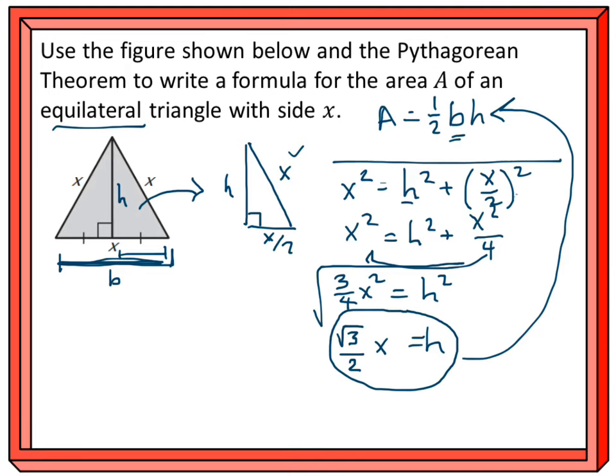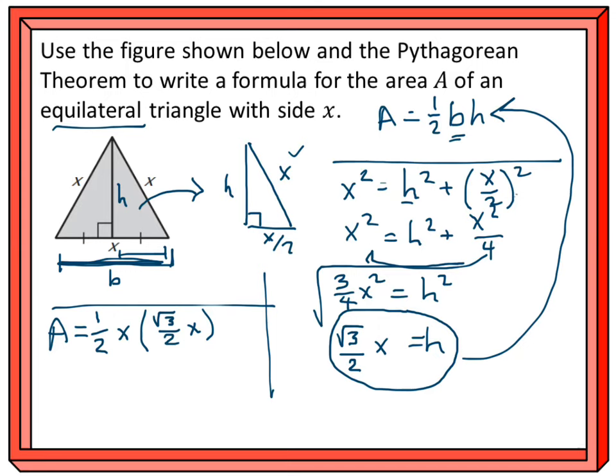So let me come over here on the side and rewrite our area formula. Area is equal to this original 1/2 times my base length, which I said was x, times my new height, which is the square root of 3 over 2 times x.